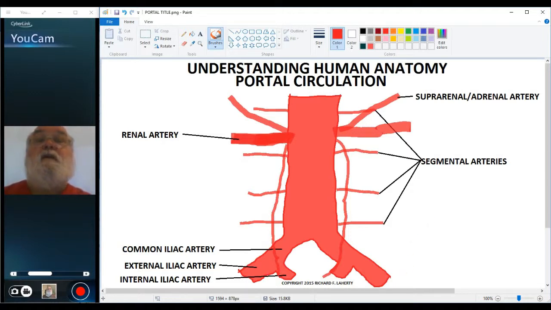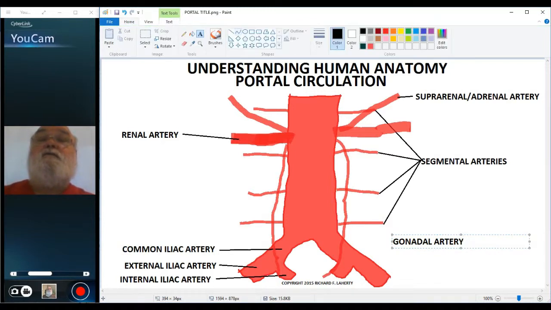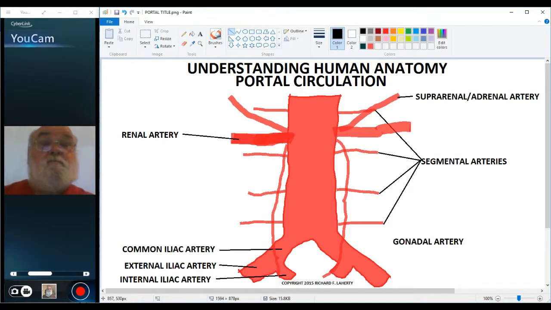So this would be the gonadal artery, and the gonadal artery would be either the ovarian artery or the testicular artery, or spermatic artery as it's called, depending on the gender of the individual.